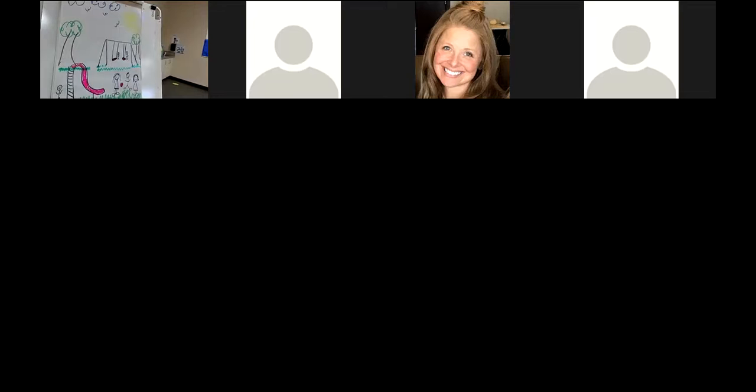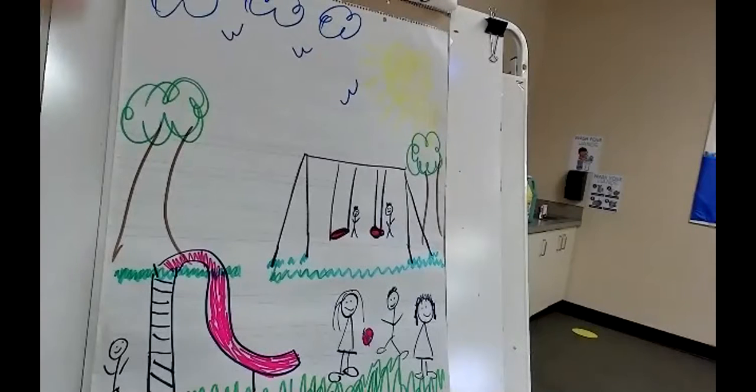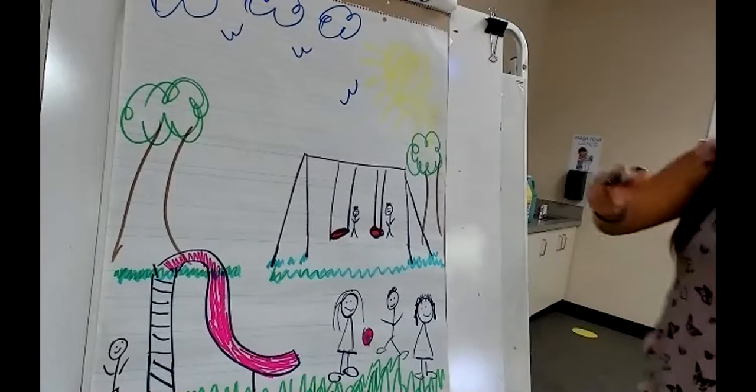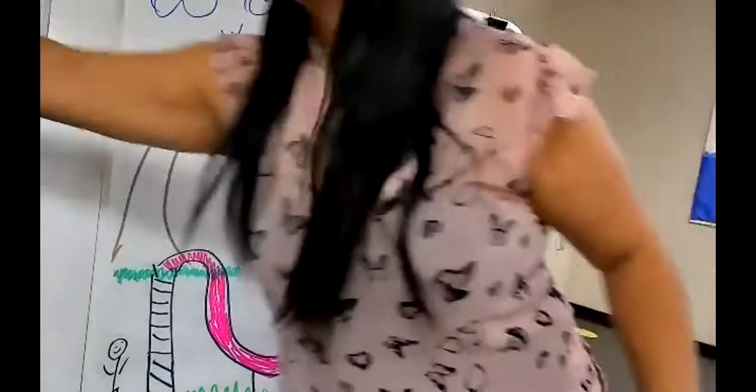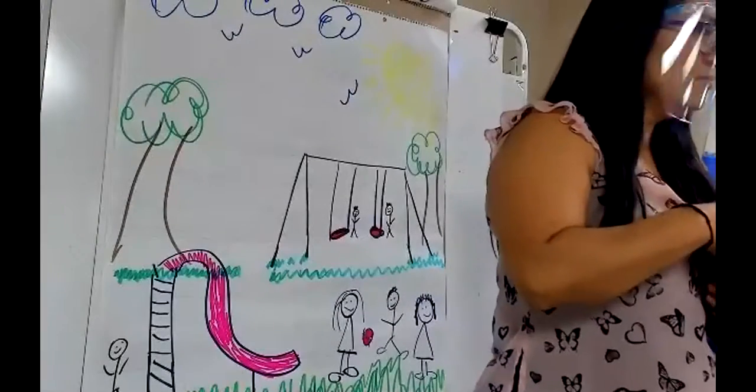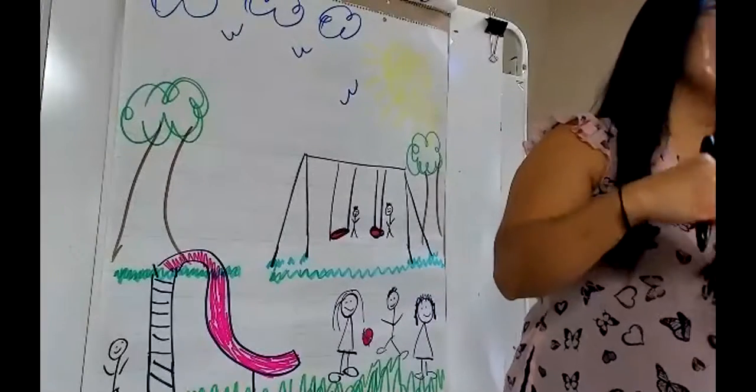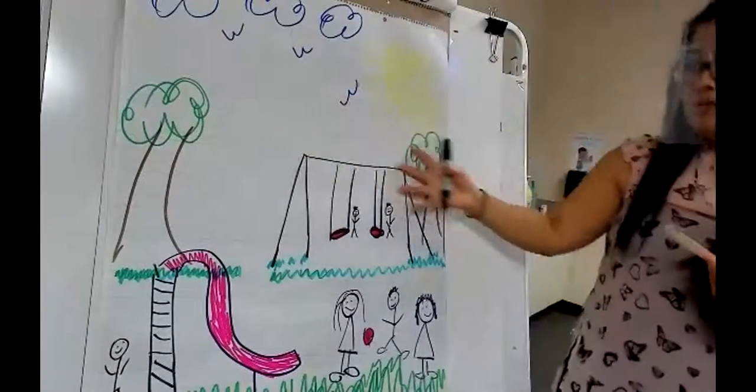So you guys are going to help me make labels. Okay, I'm going to call on people and you're going to tell me what you see in the picture. And we're going to draw labels to everything so that way we can show whoever is reading our story the information that we have. Okay, so let's see here. This picture right here that we did.